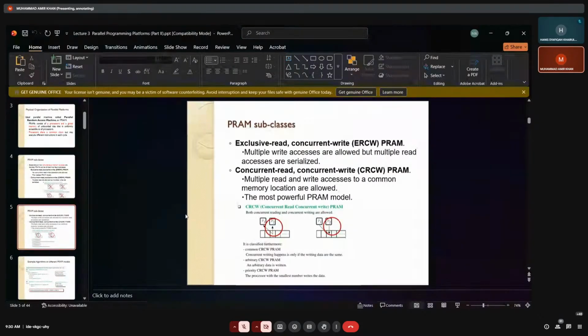The other two: ERCW, exclusive read but concurrent write. Multiple write accesses are allowed, but multiple read accesses are serialized. And CRCW, concurrent read and concurrent write. So what happens here? Basically, multiple read and write accesses are common. This is the most powerful PRAM model because both are concurrent.